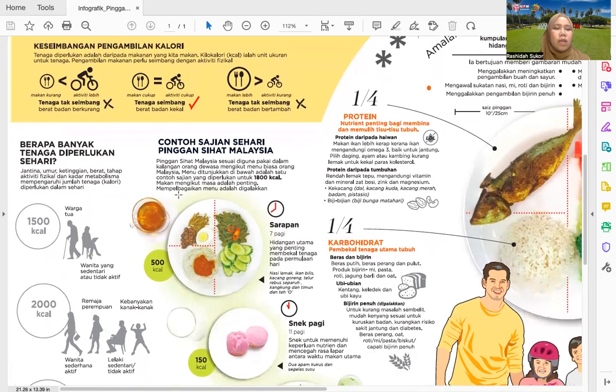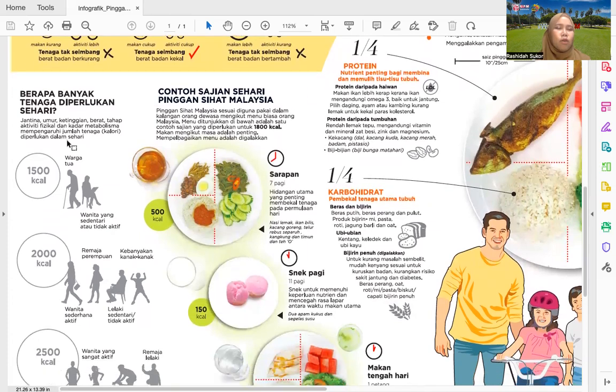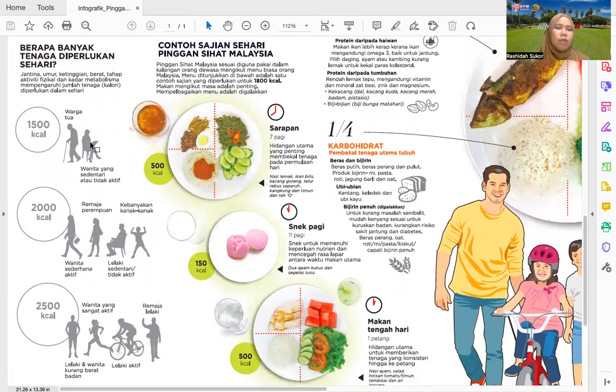How much energy is needed per day? Depending on your gender, age, height, weight, physical activity, and your basal metabolic rate. If you are elderly, you may need about 1500 kilocal.